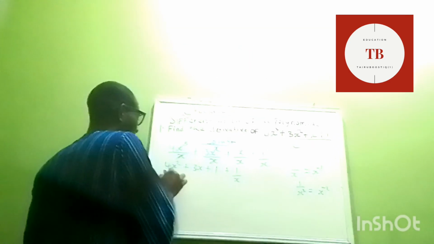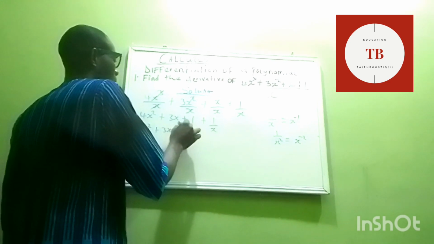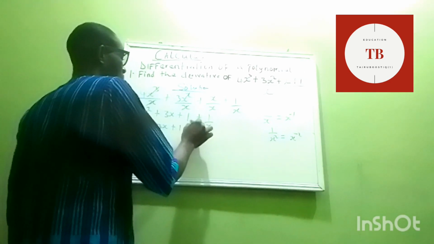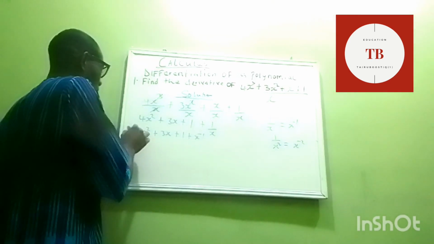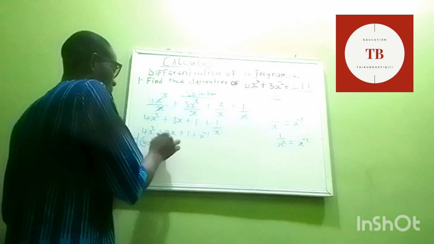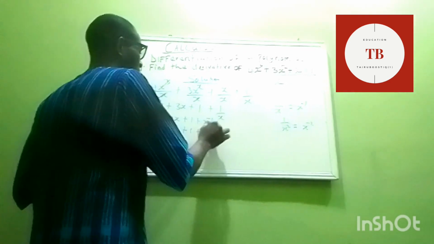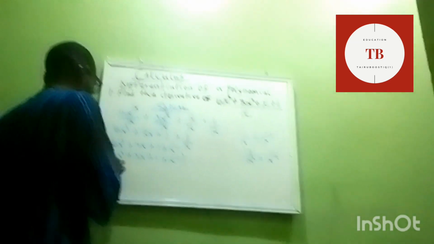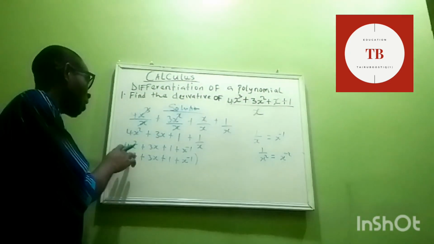For this reason, we can also write this one as 4x squared plus 3x plus 1 plus x raised to power minus 1. Now, we want to find the derivative of 4x squared plus 3x plus 1 plus x raised to power minus 1. This time around, we don't need to break down, because in my previous video, I've already explained how you can differentiate this.